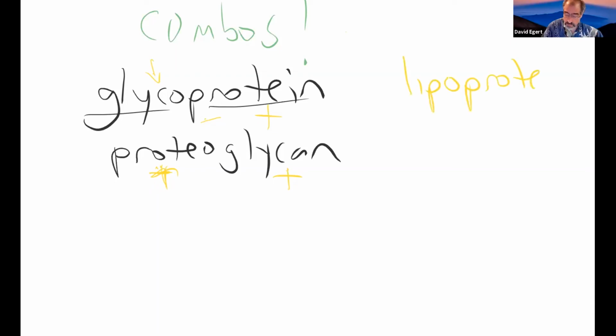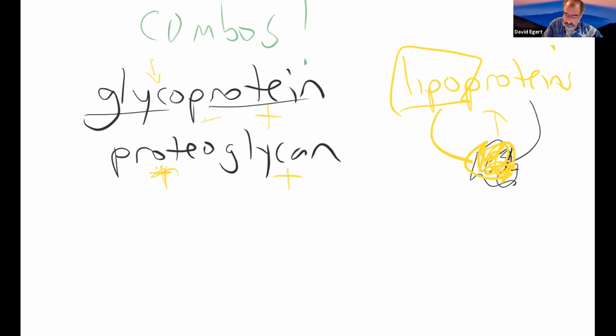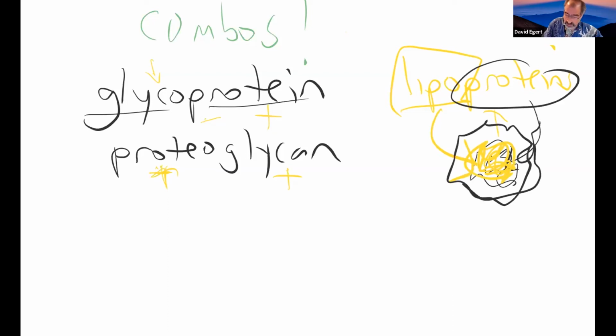Lipoproteins are going to be the key players in how we move fats around in the bloodstream. There's going to be some protein part, and there's a lipid part. I'm going to draw it yellow because we usually think of fat as lipid. And then some protein part around the outside. So it's part protein, part lipid. The protein part will make kind of the outer interface with the water.